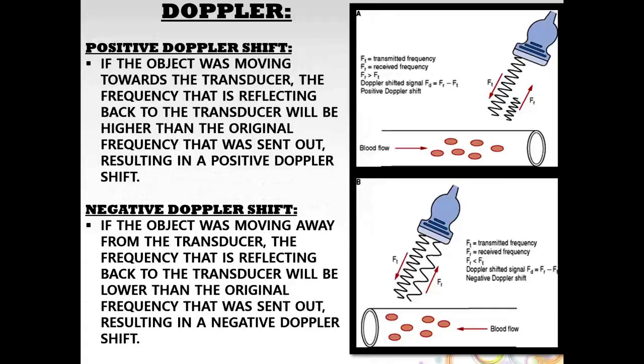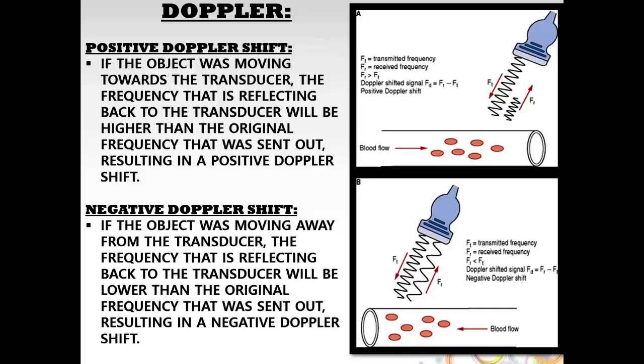A positive Doppler shift is where an object or the red blood cells are moving towards the transducer. So the frequency that is going back to the transducer, or the received frequency, is going to be higher than the transmitted frequency, or the original frequency that was sent out. This results in a positive Doppler shift number.